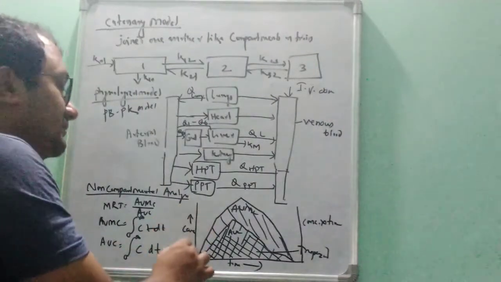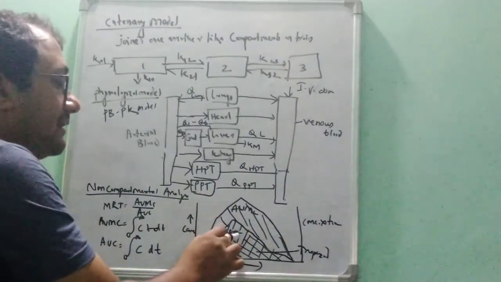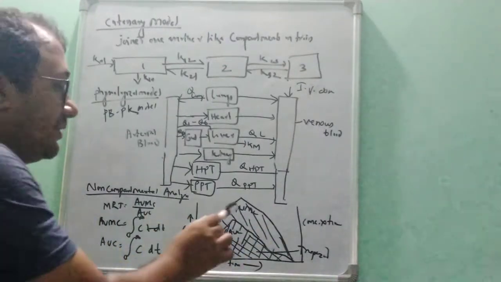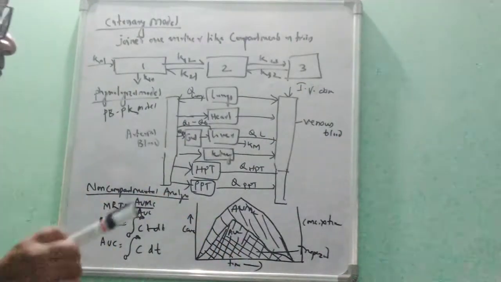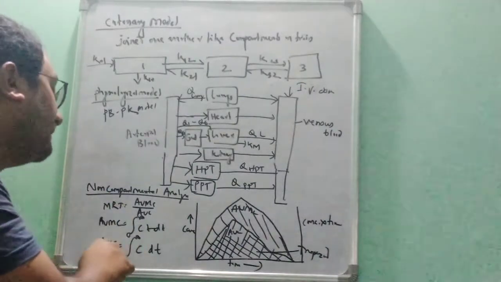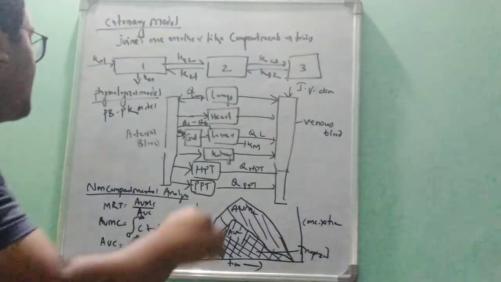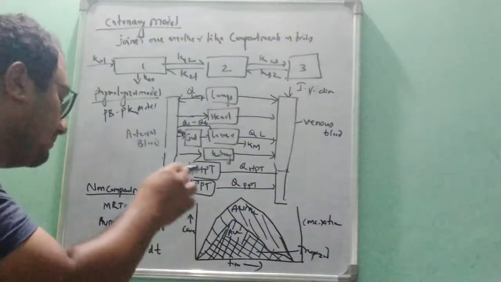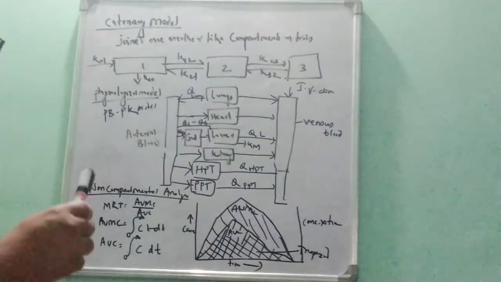Next, when we take concentration versus time, then we will get one simple curve from which we can find AUC. So AUMC and AUC, first moment curve and zero moment curve. And AUC we can find out by taking the integration of concentration with respect to time. So this is all about your non-compartmental analysis, and for this we are taking the trapezoidal rule.